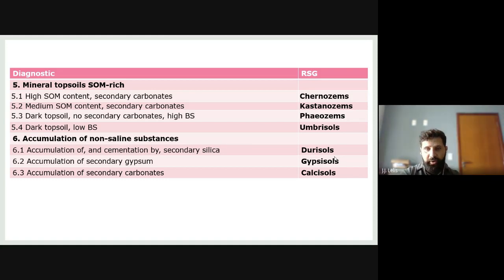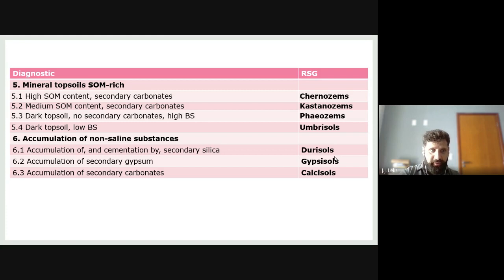For example, the phaeozems are related to basalt and other materials that could favor the formation of a dark topsoil, but a dark topsoil without secondary carbonates, because these secondary carbonates are only formed in soils that possess primary carbonates, that possess limestone and calcite. And of course, these phaeozems are related to a high base saturation.